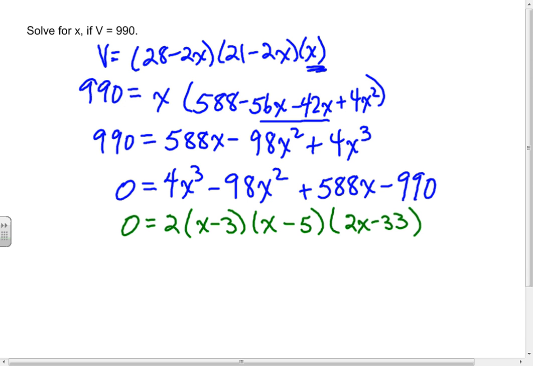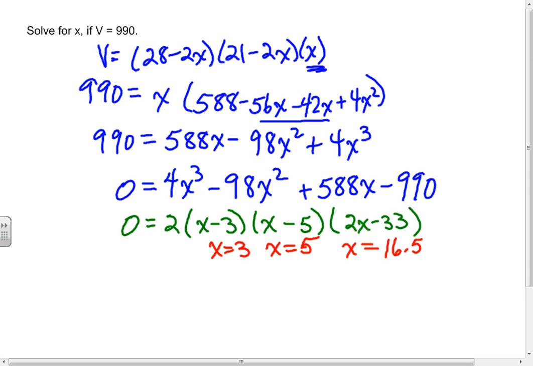We know that volume makes sense to have a cubic, and that we could possibly have 3 solutions to our problem. But with what we have here, we would have the solutions x equals 3, x equals 5, or x equals, I am taking 33 and dividing it by 2, 16.5.